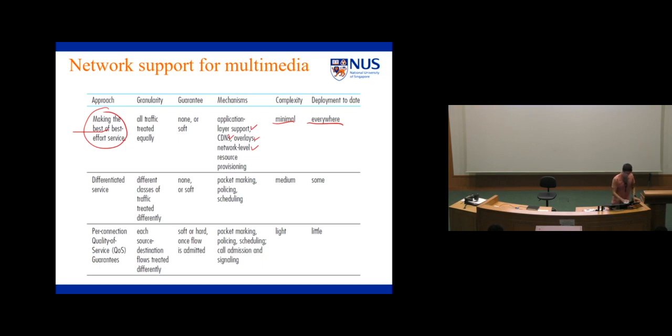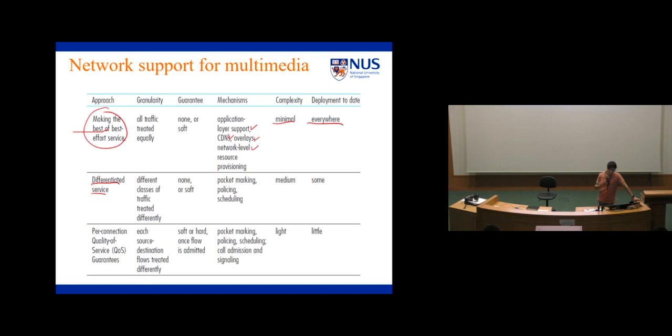The second row here, differentiated service. Here we can provide some soft guarantees. This is not to say if you are running a video streaming application, you'll be guaranteed to have, let's say, 5 megabits per second rate. Or it's not like saying if you're running a voice over IP application, you're guaranteed to have 100 milliseconds delay at most.